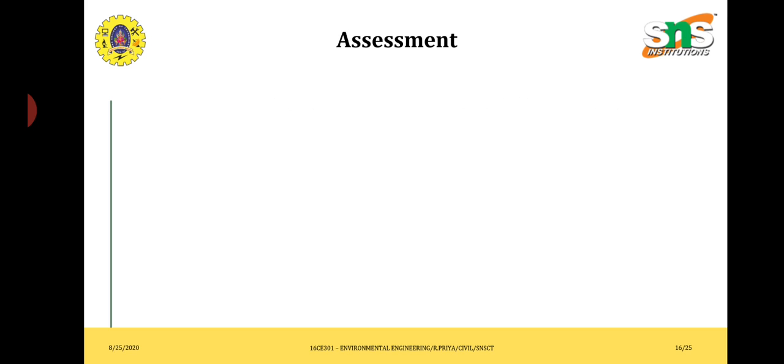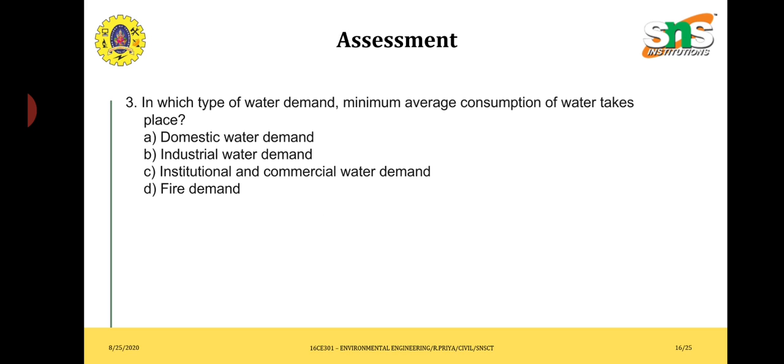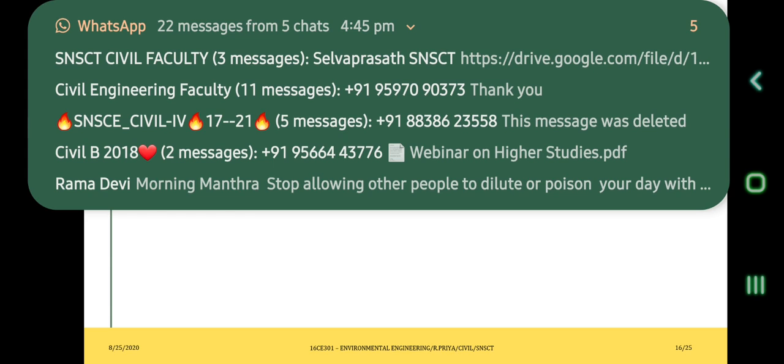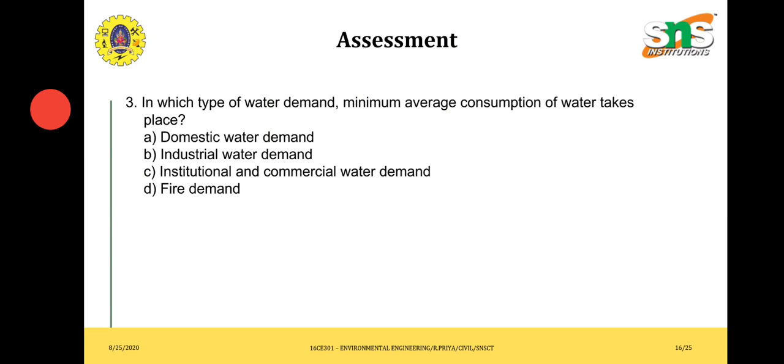The next question: in which type of water demand does the minimum average consumption of water take place? The first option is domestic water demand, second is industrial water demand, third is institutional and commercial water demand, and fourth is fire demand.